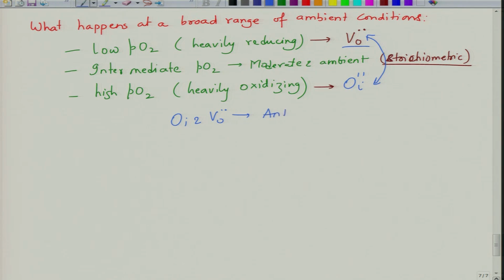We have anti-Frenkel defects. If it was VO and Vm, what would it have been?